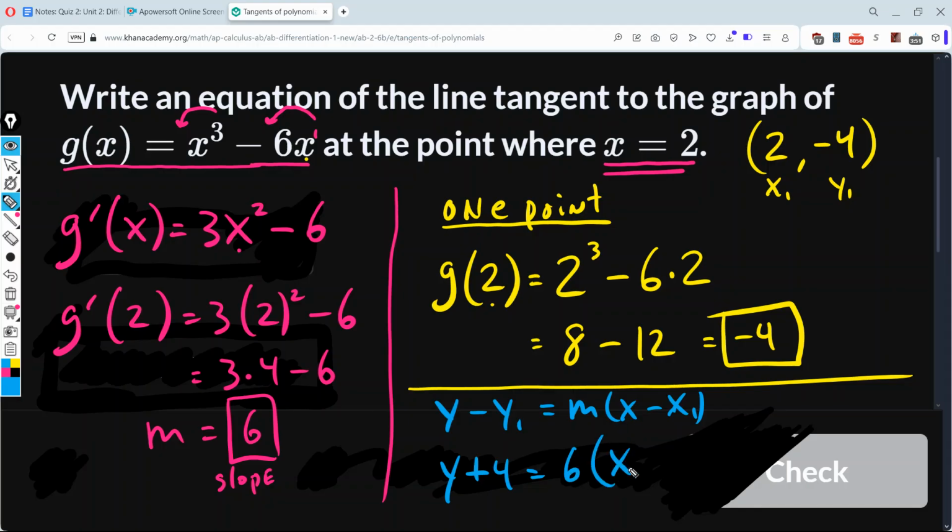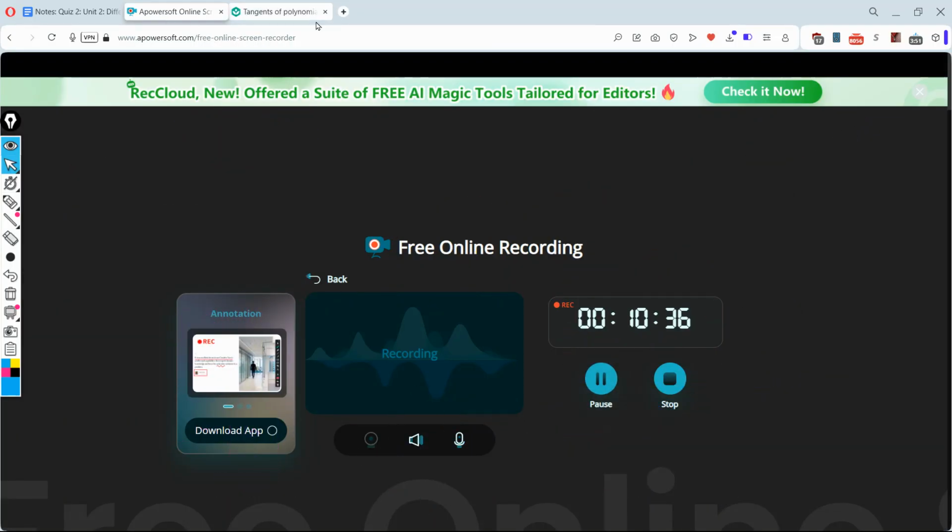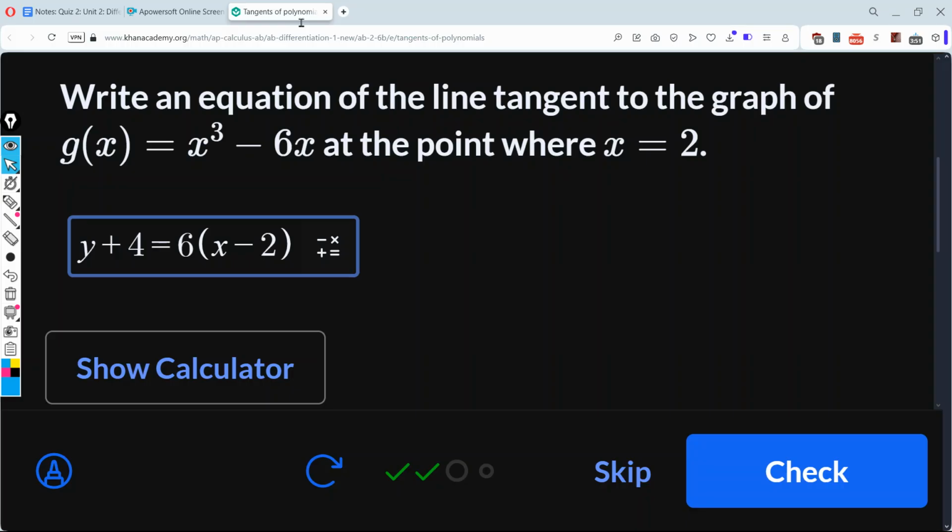X you leave alone, minus x1, which we said was 2. Done. If it were multiple choice and you want y equals mx plus b, just subtract 4 on both sides. It will cancel here, distribute this, and simplify. Anyhow, that is the final answer: y plus 4 equals 6 times x minus 2. Use parentheses.